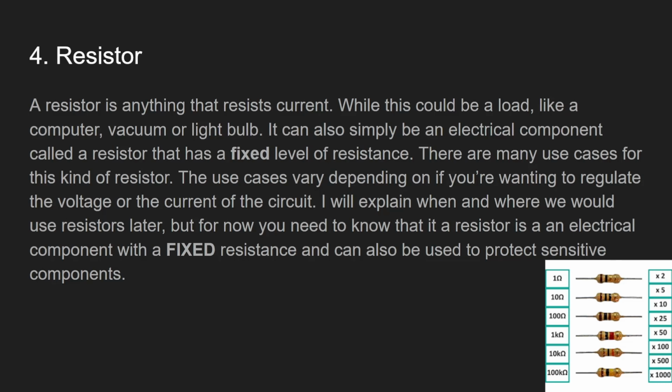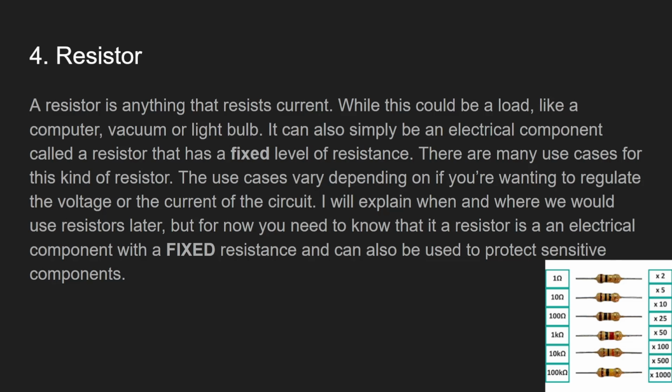So even wires can be a resistor because there's no perfect efficiency except for superconductors. But that's liquid nitrogen or liquid helium, freezing, that's not standard everyday stuff. So a resistor is anything that resists current.